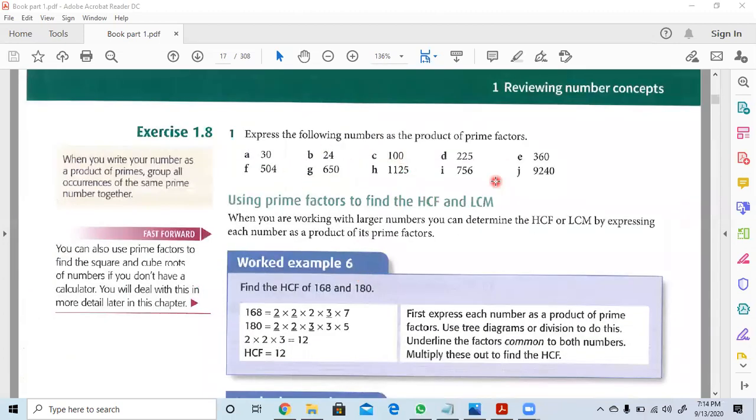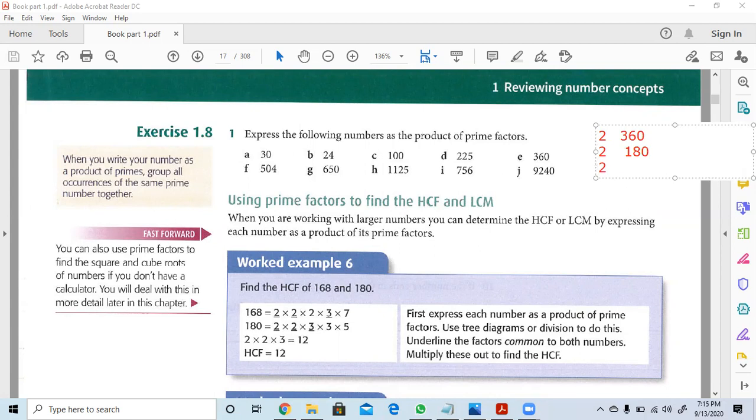Same like that you are solving all these things. Okay, so I will try to solve a division method. Let's check this one. Let's suppose I write 360. Always start from the smallest number. If I take 2, then 360 divided by 2 is 180.